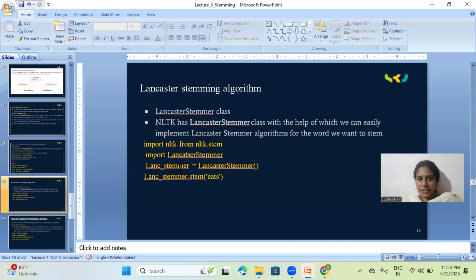Here, lnc_stemmer equal to LancasterStemmer. And if you give the word eats, then what will be the output of the root word? Eat is the output of the root word.